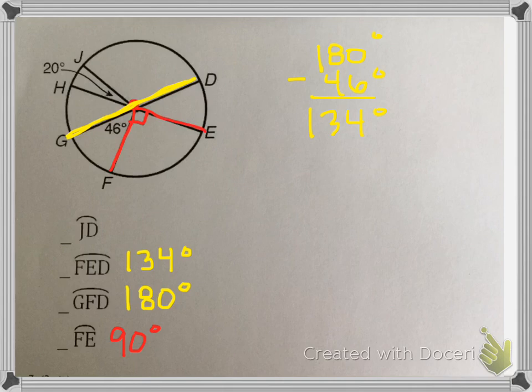So I figured out 180 subtract 46 gave me arc FED, right here. That is 134 degrees. Okay, let's figure out JD now.